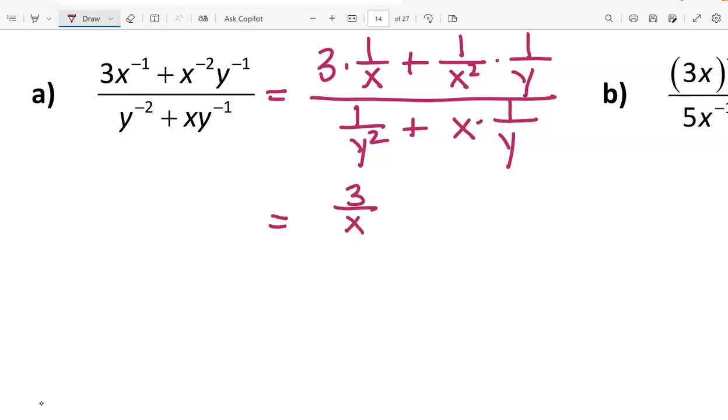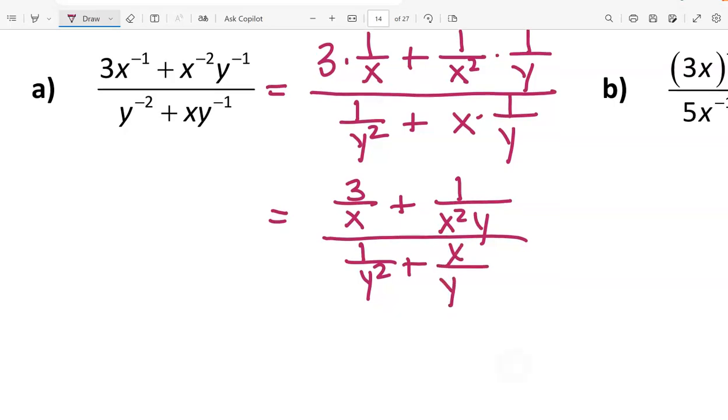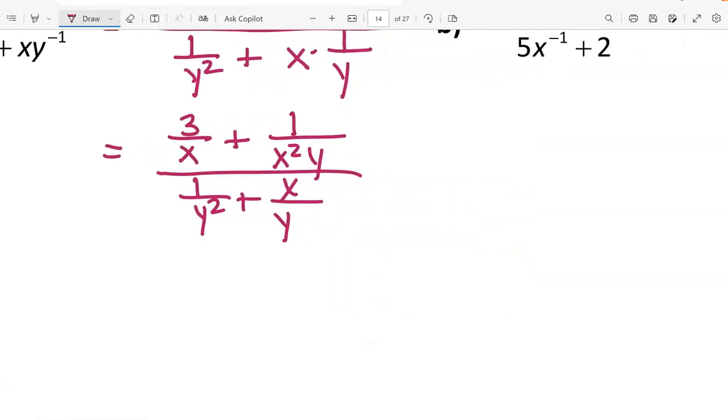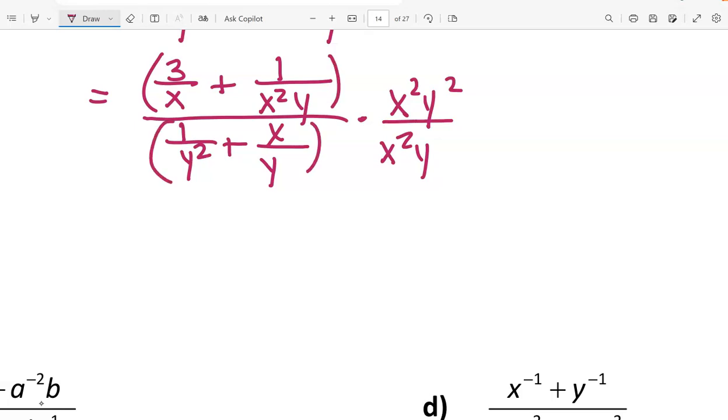So that's 3 divided by x plus 1 divided by x squared y over 1 divided by y squared plus x over y. We can now multiply through by the least common denominator, which would be x squared times y squared, in both the numerator and the denominator.